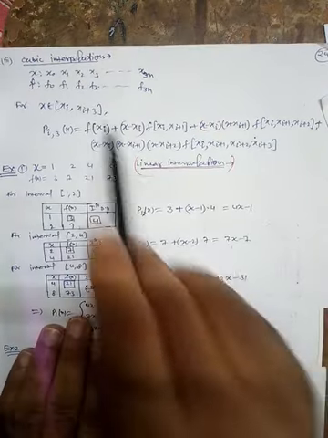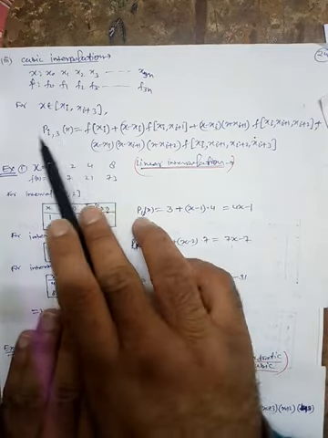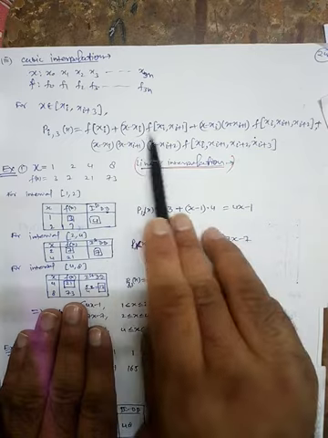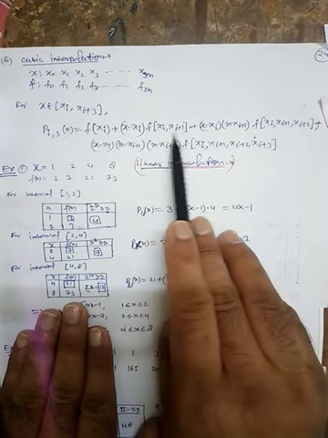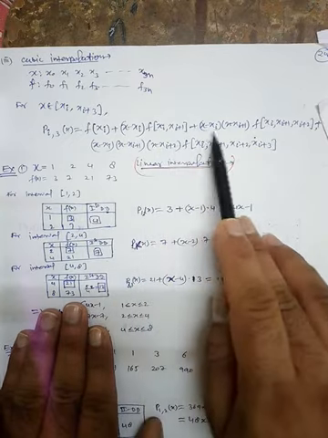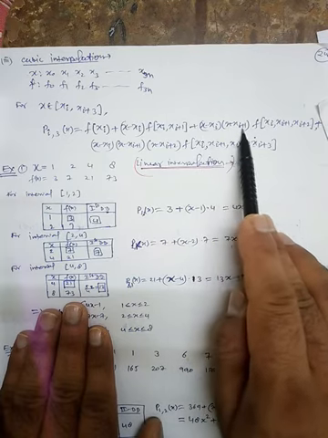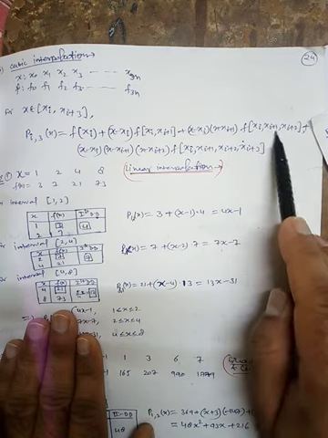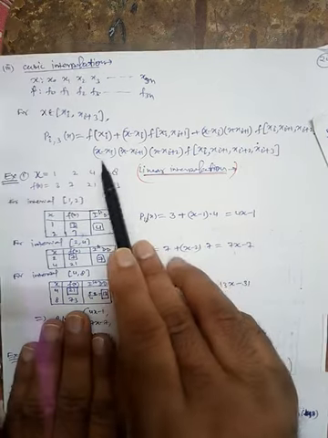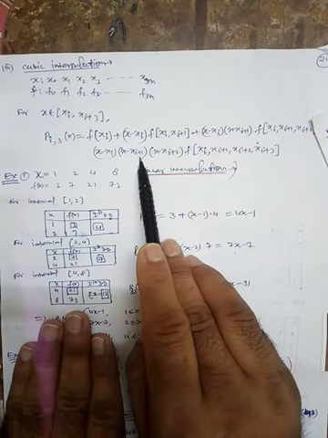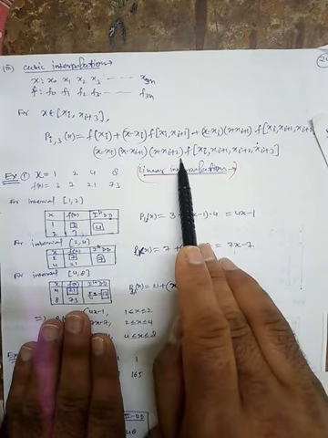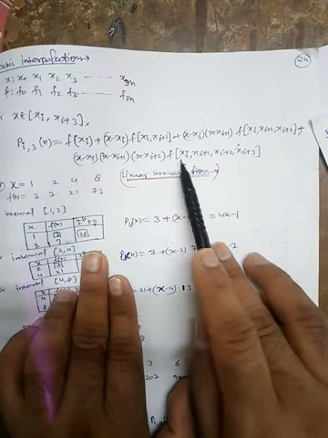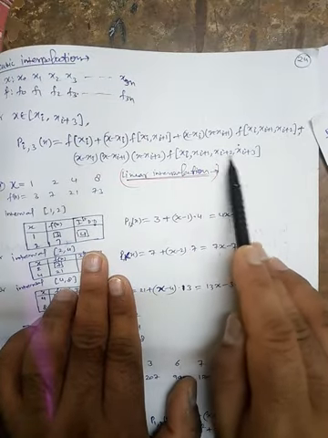Now the fitted polynomial pi3 of x is f of xi, plus x minus xi multiplied by the first order divided difference f at xi, xi plus 1, plus x minus xi into x minus xi plus 1 times the second order divided difference f at xi, xi plus 1, xi plus 2, plus x minus xi into x minus xi plus 1 into x minus xi plus 2, and the third order divided difference f at xi, xi plus 1, xi plus 2, xi plus 3.